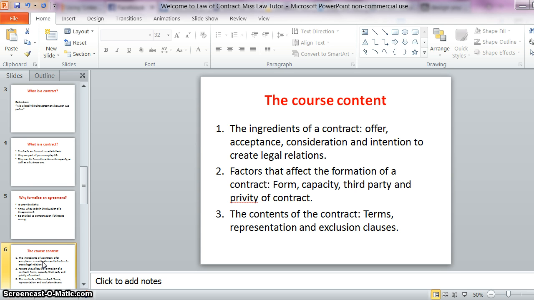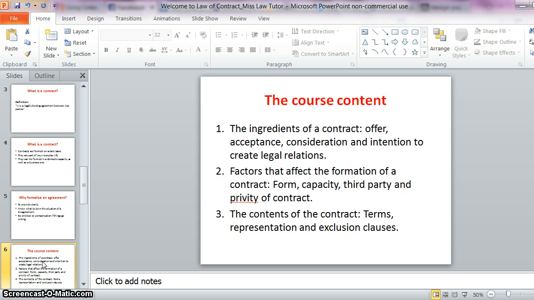Third section is the contents of a contract. So what goes into a contract? You normally have terms, you have clauses, and I will be looking at things to do with representation, in terms of when you might be in a store and the salesman might be telling you something about a product, and you're probably thinking, was this forming part of the contract, like this being the fastest car which you could get, or the latest edition of the iPhone, if you're talking about an Apple product, for example.